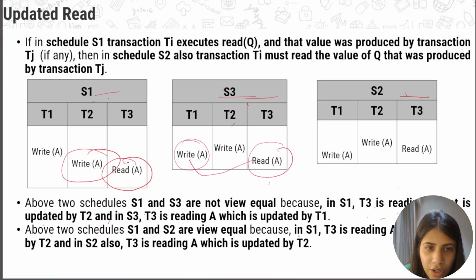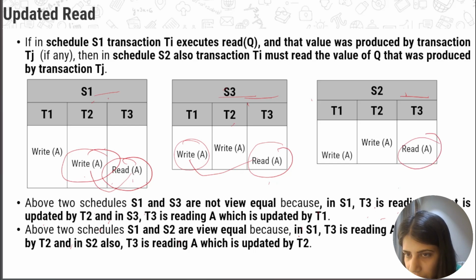After this it goes here instead of there. Now let's see S1 and S2. Again over here T3 is reading A, which is updated by T2. Over here also it is T3 reading A, getting updated by T2. So we can say that the above two schedules, S1 and S2, are view equivalent in this condition also.